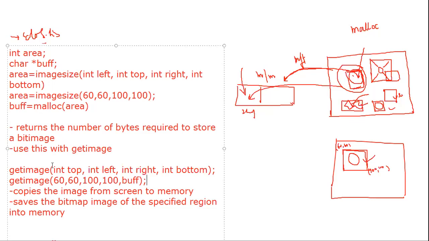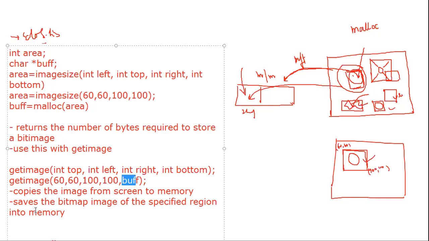to store this image. So get image will be a function that copies the image from the screen to the memory, or you can say it saves the bit image of the specified region, and region is created, that is this region, into the memory. Okay, so that is the get image function.